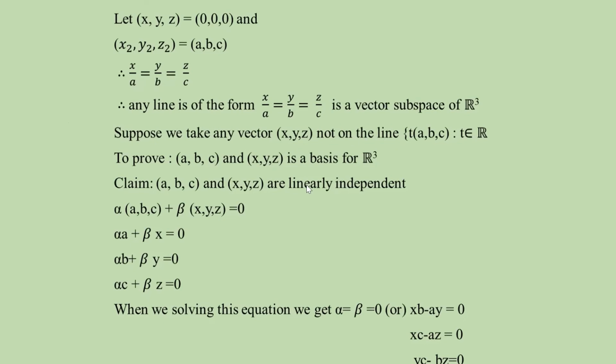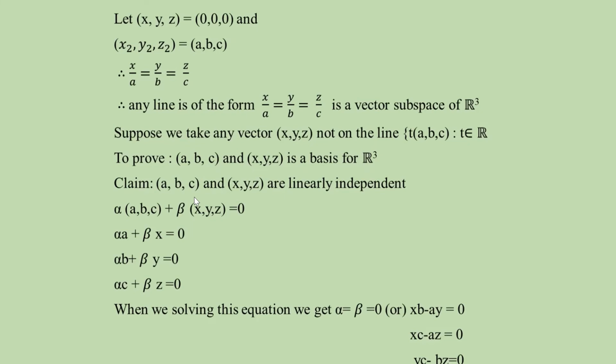Now we have to prove that these two vectors (a, b, c) and (x, y, z) form a basis. We claim that (a, b, c) and (x, y, z) are linearly independent.